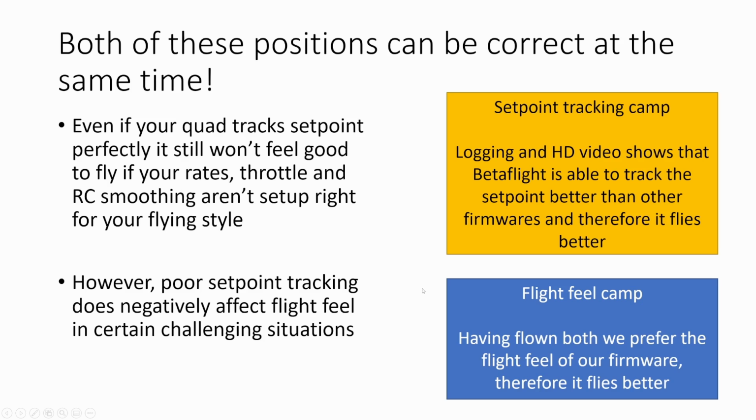To the flight feel camp, I would say that poor set point tracking does negatively affect flight feel in certain challenging flight situations. So even if you have a firmware that feels very good to fly, if it's got poor set point tracking, that is going to negatively affect flight feel in certain situations.